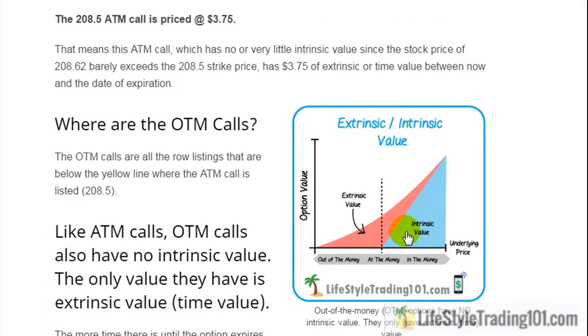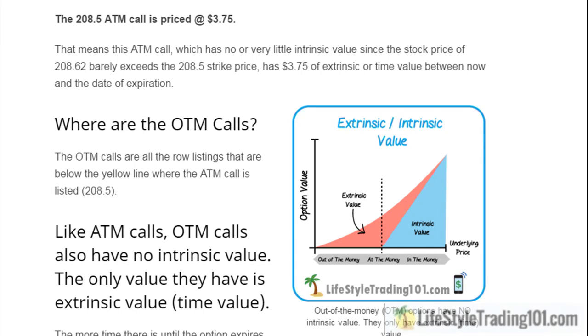But as long as the stock price is below the strike price, then you only have extrinsic value. And when you're dealing with out of the money call options, they only have extrinsic value. So for example, if a 105 strike call is trading at 50 cents, that 50 cents is all extrinsic time value. It has no intrinsic value.